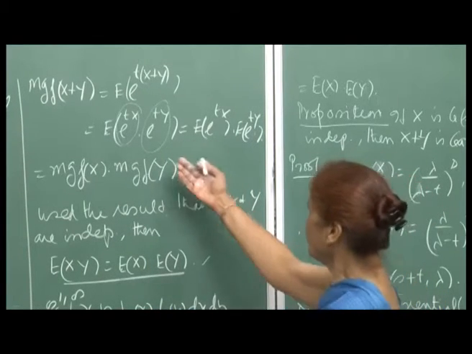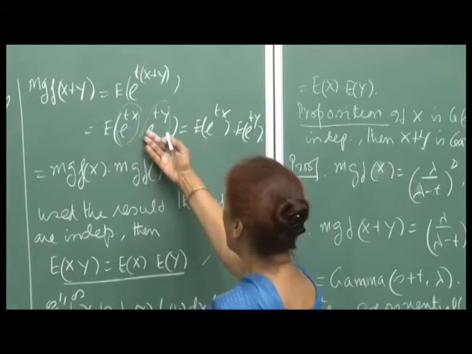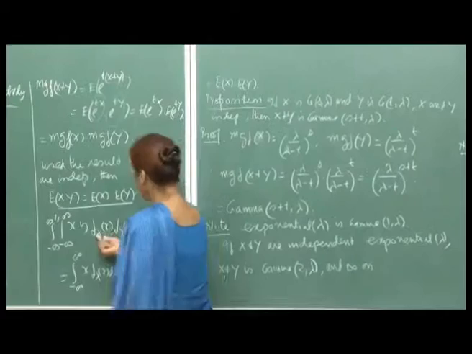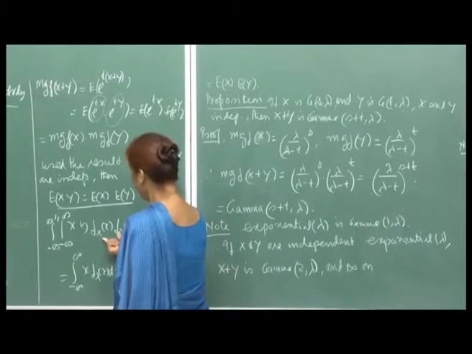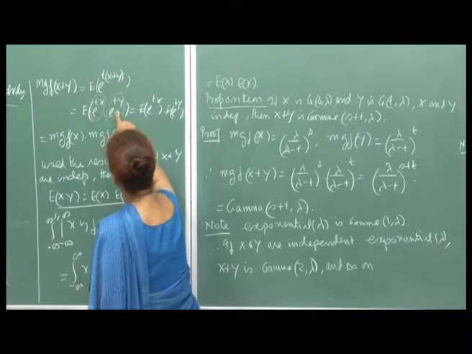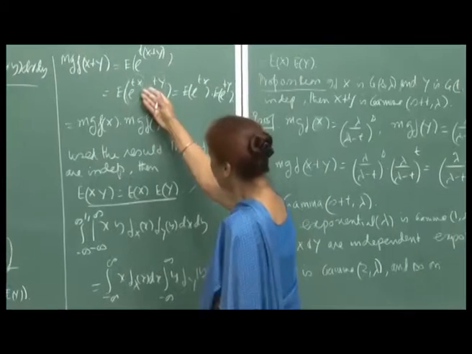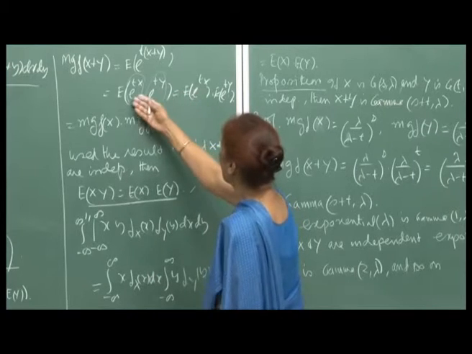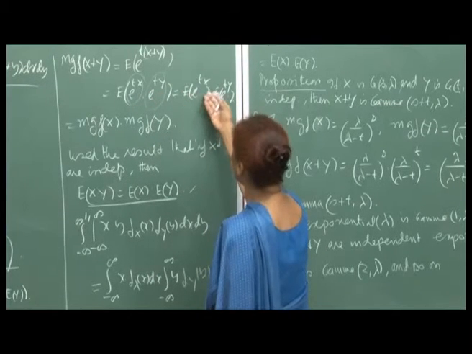You can also write the joint density function, which will again be the product of the individual PDFs. So, even when you write this expectation as an integral, you will separate out the integrals, and just as we proved this result, exactly you can show that this expectation is equal to the product of the expectations.